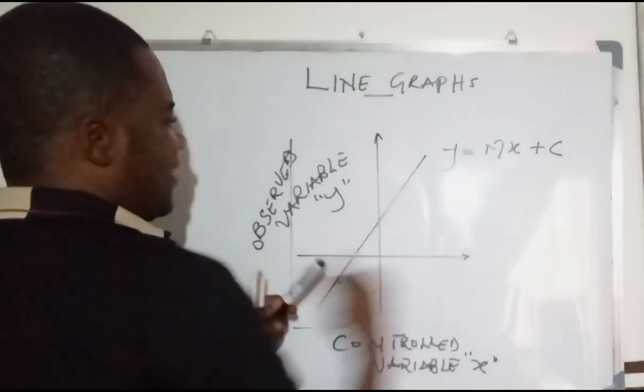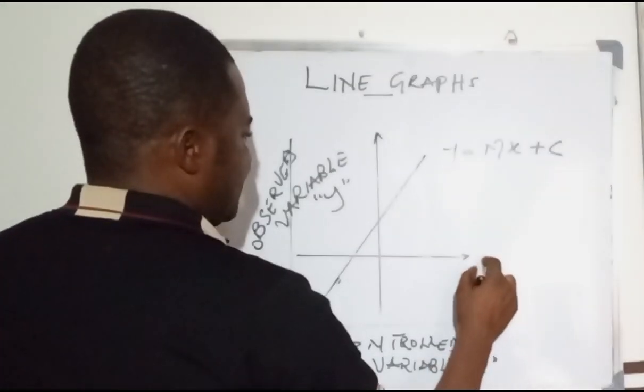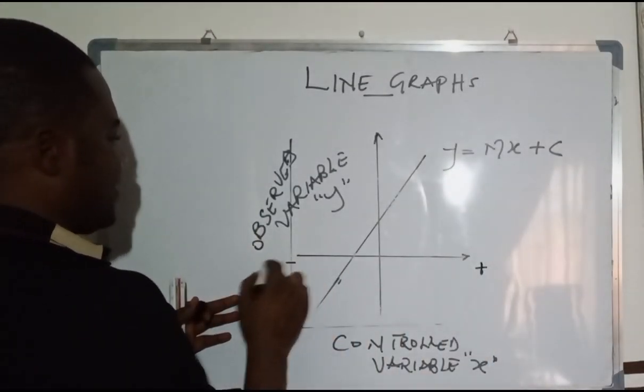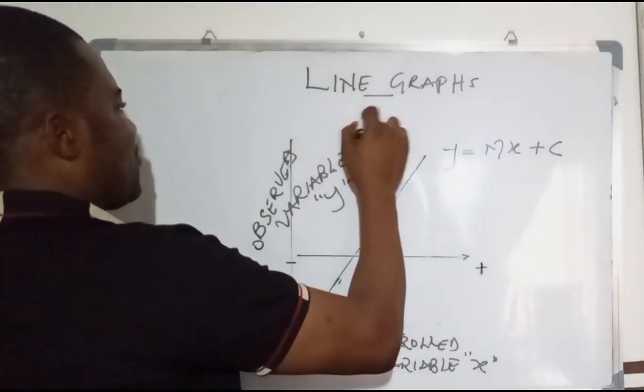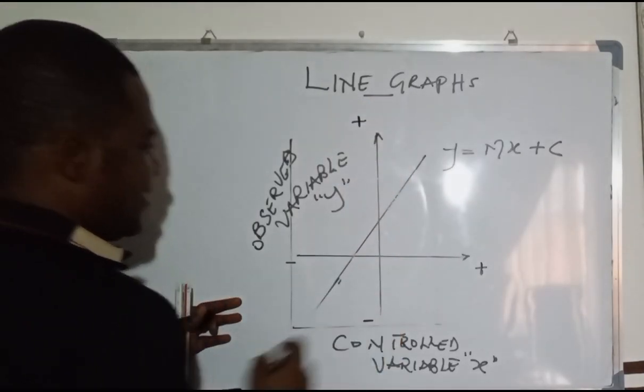This side of the graph is always positive, and this side is always negative.